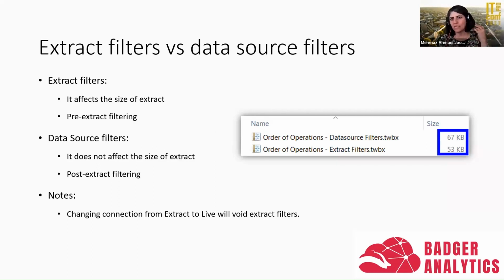One of them is through extracts, which loads the data for you and packages it with your workbook. The other one is a live connection. Let me show you quickly how that looks, just in case you haven't seen it.